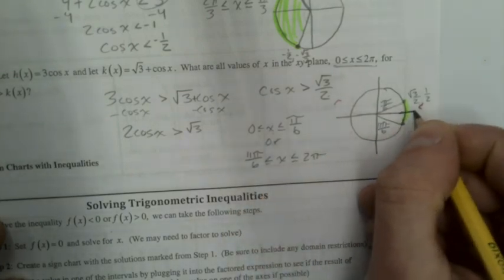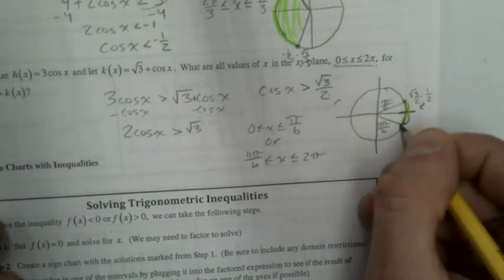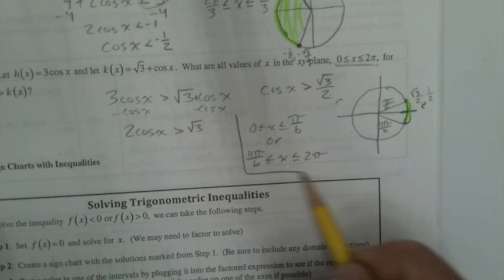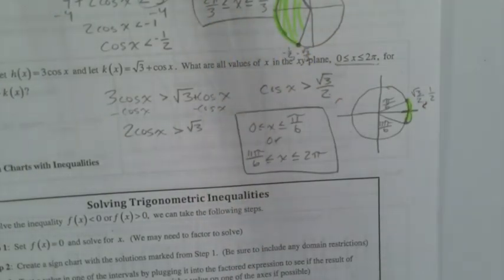So we have to think of this as 2 separate ones, because we have the start of the unit circle and the end of the unit circle. That's a little bit weird, less intuitive than the others.